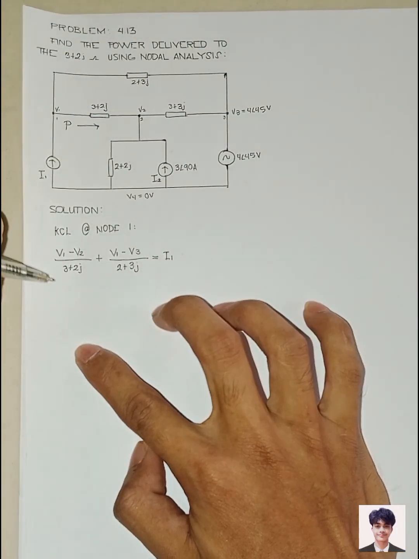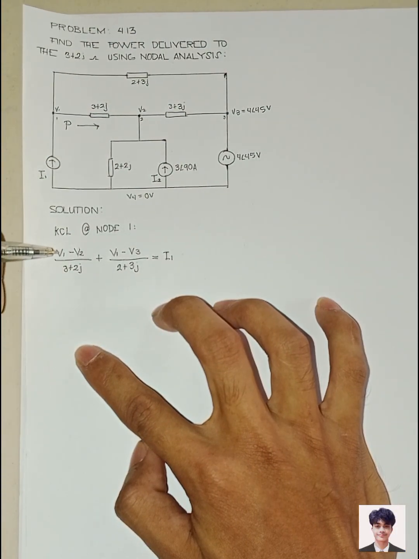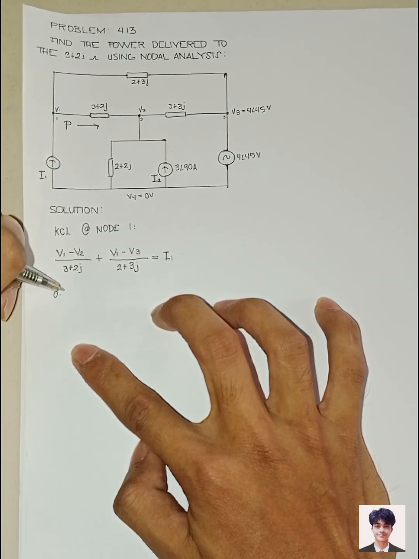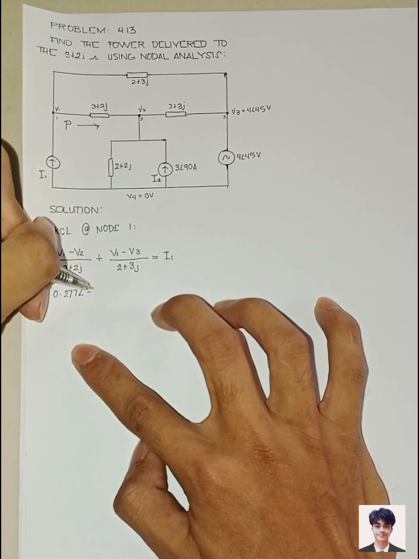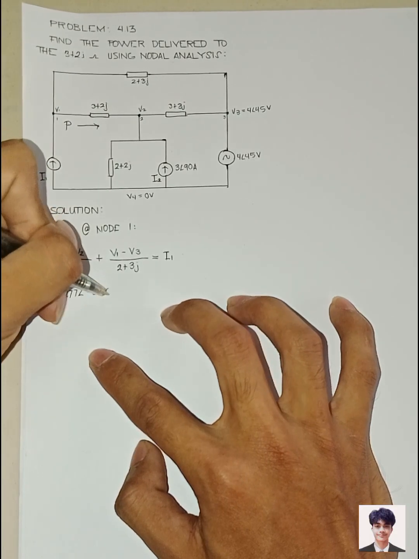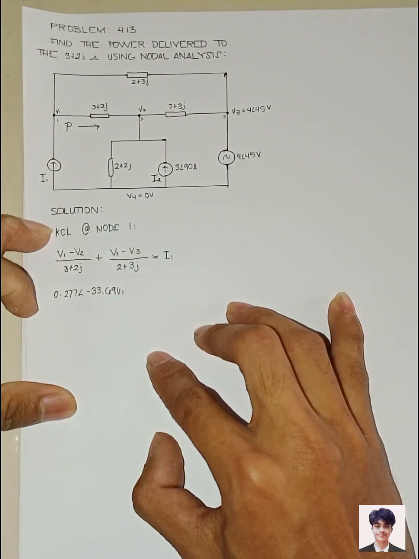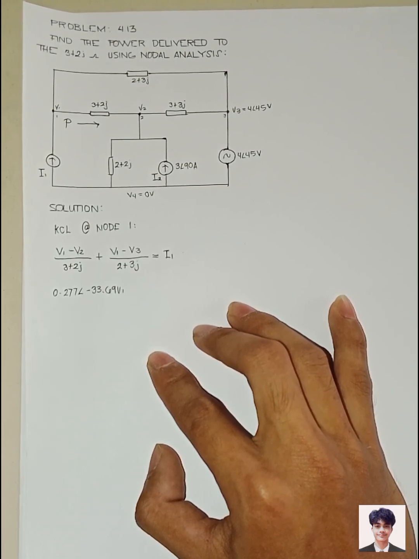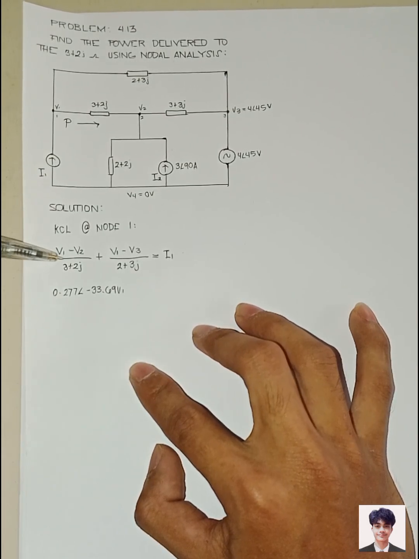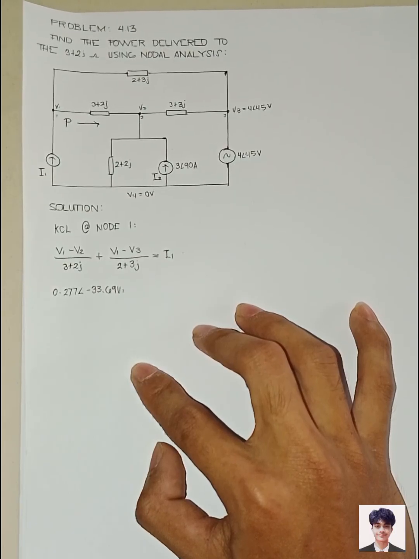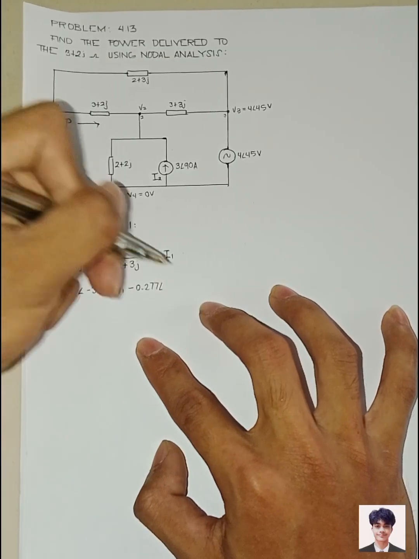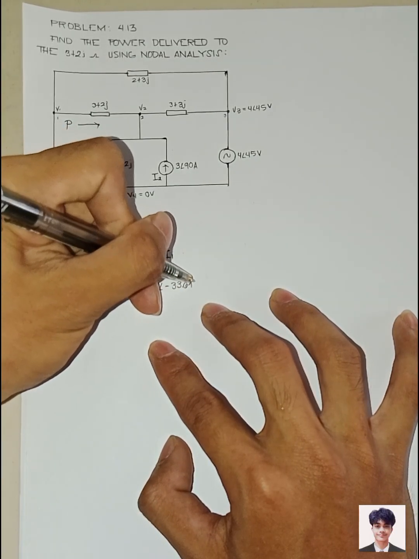Next, we are going to find its value. V1 times 1 divided by 3 plus 2J is equal to 0.277 angle of negative 33.69 V1. Next, negative 1 over 3 plus 2J is equal to negative 0.277 angle of negative 33.69 V2.